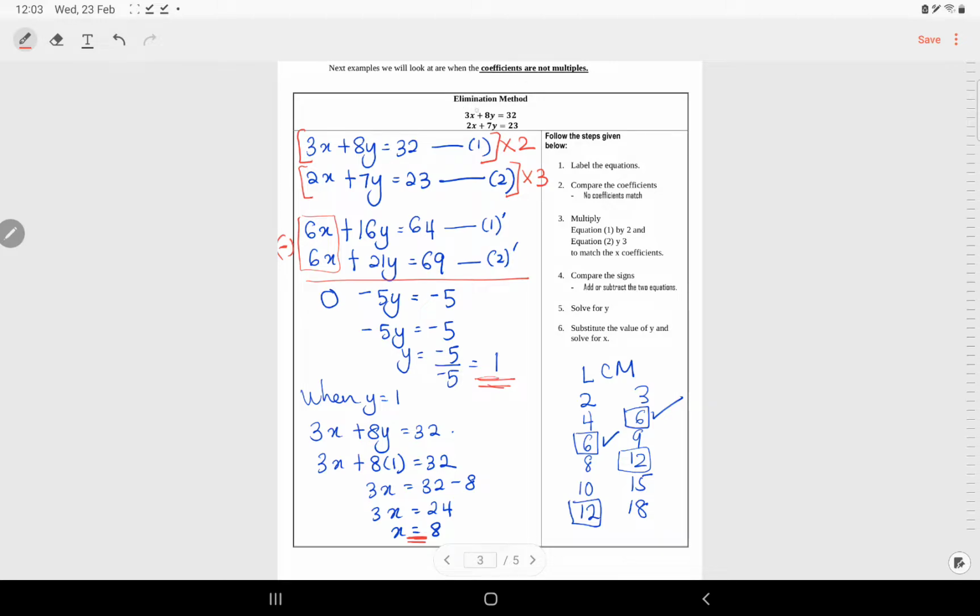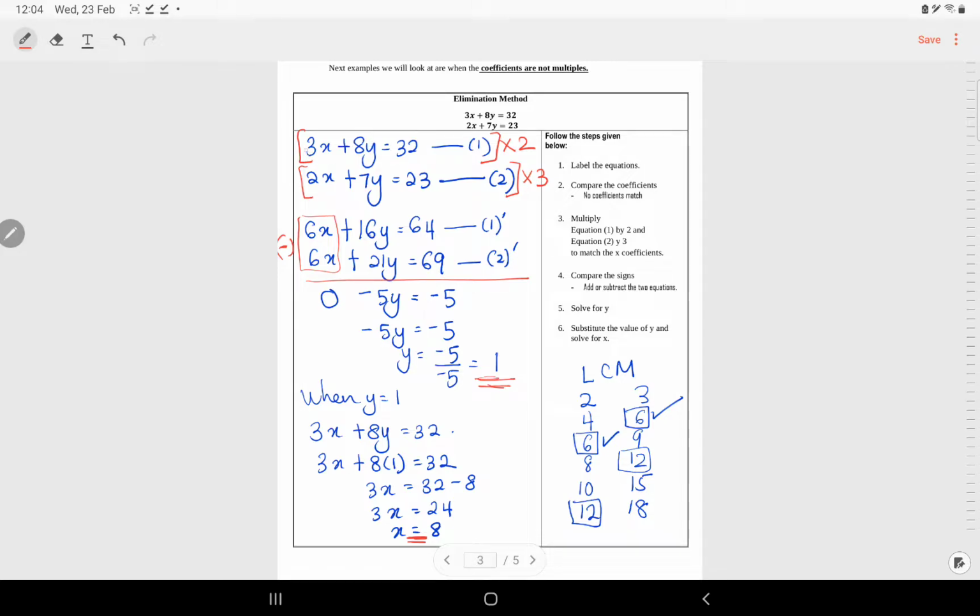When the coefficients are not multiples, you first pick the smaller number, and then you try to find the lowest common multiple. The lowest common multiple for 3 and 2 is 6.